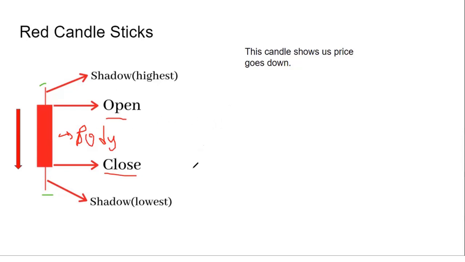In terms of a red candlestick, it opens here, for example, and it went up to the highest price, and then came down, turned here and closed here. It's the same logic. Here is the body.